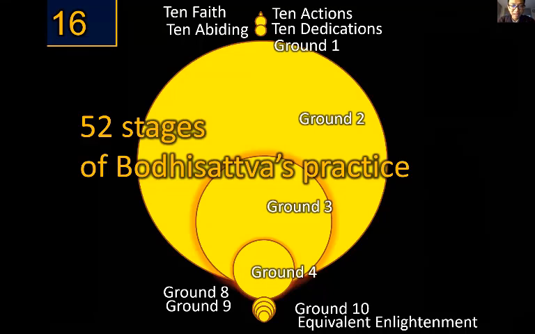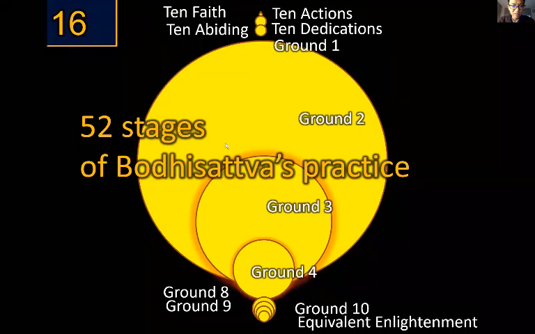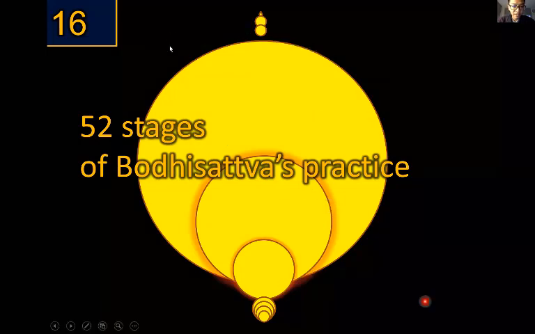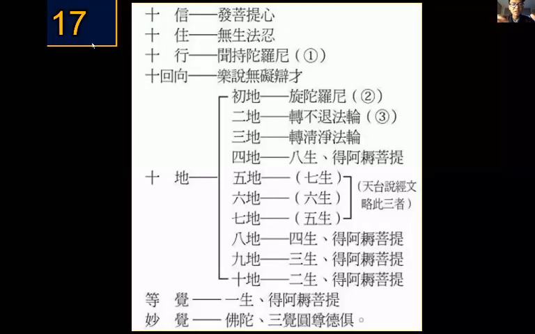And so you can see how this matches: 10 faith, 10 abiding, 10 actions, and 10 dedications. All this matches what I say in this chapter about the 10 ground bodhisattvas.